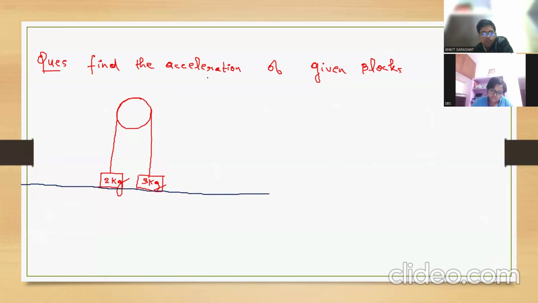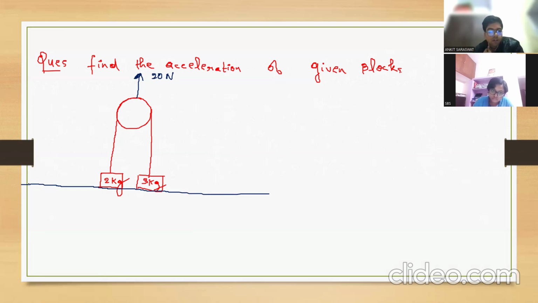Now, on this pulley you are applying a force. My question is, if you apply this much force on the pulley, then what is the acceleration of given blocks? That's the question. Clear?